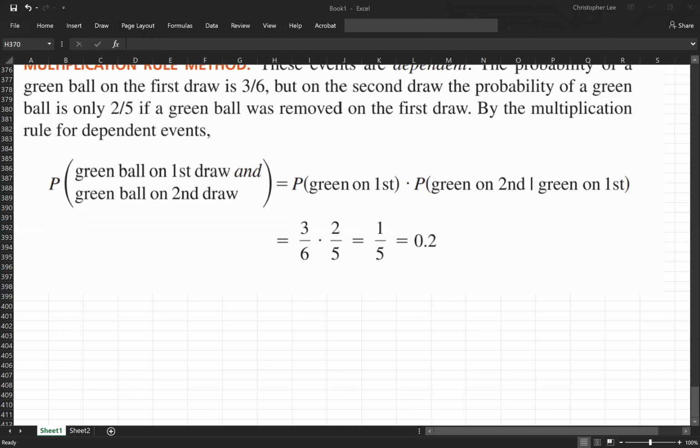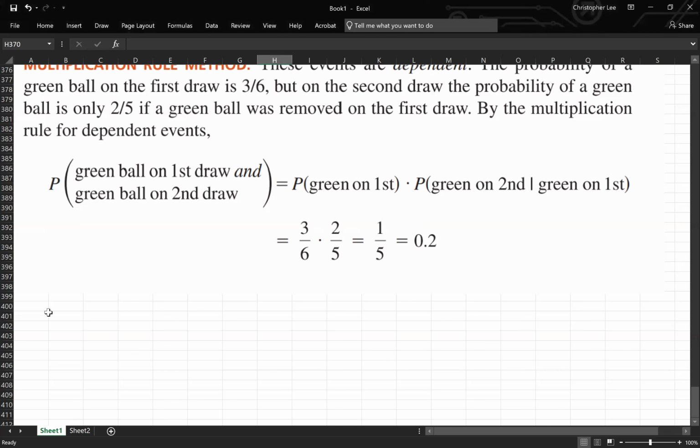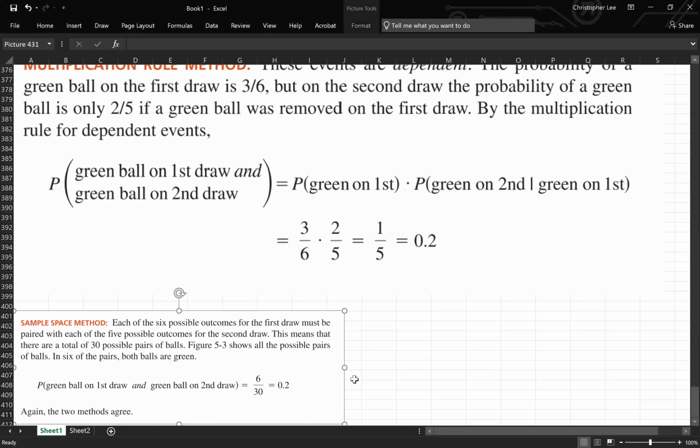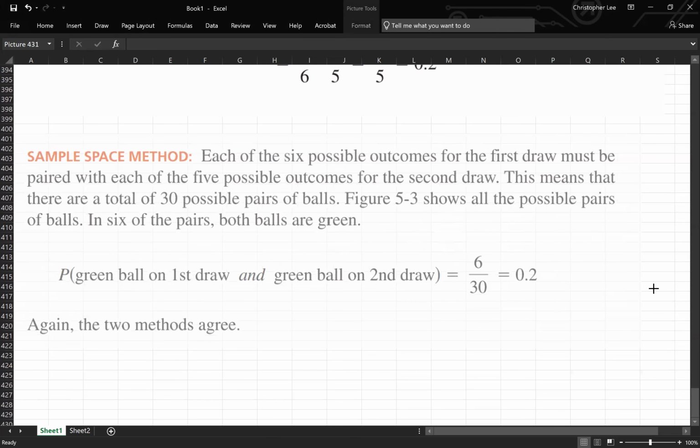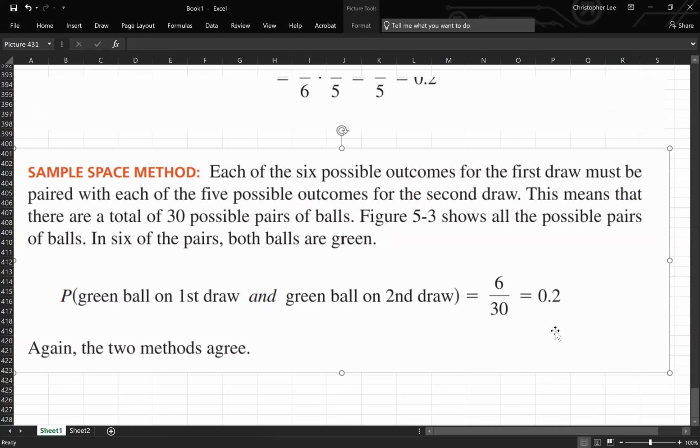So this is another way that you can do. Multiply, always when it's fractions.